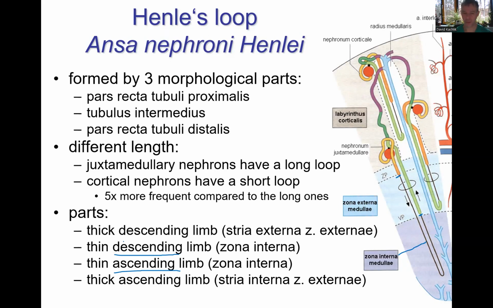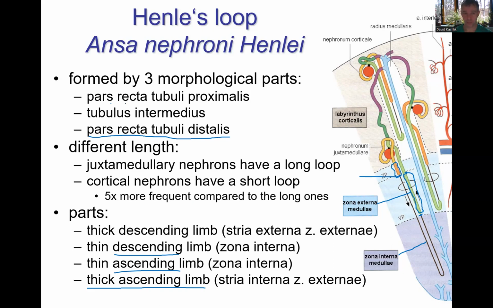Then we have the thick ascending limb of the Henle's loop, which is corresponding to the straight part of the distal tubule. So if you look here, it's this part. So when we add this, then we call it the external zone. And the last part is the corresponding part of the proximal tubule. So again, the straight part.